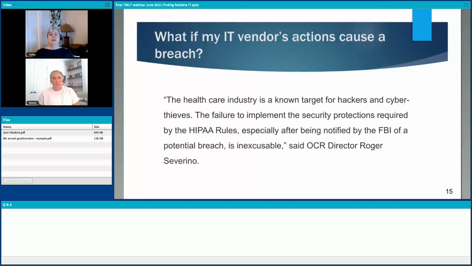Probably one of the most common issues that we do see as it relates to IT vendors is failure to maintain software patches. As vulnerabilities become known and the different software vendors issue software updates, called patches, that limit the cyber criminals' access to your network or through that software.